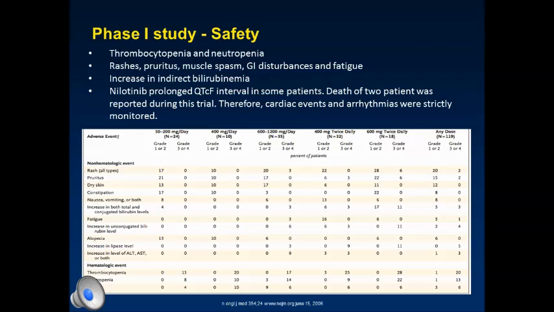As can be seen in the table below, side effects increase with dose, and therefore the 400 milligram twice daily dose was selected since it had the lowest side effects and highest drug efficacy.